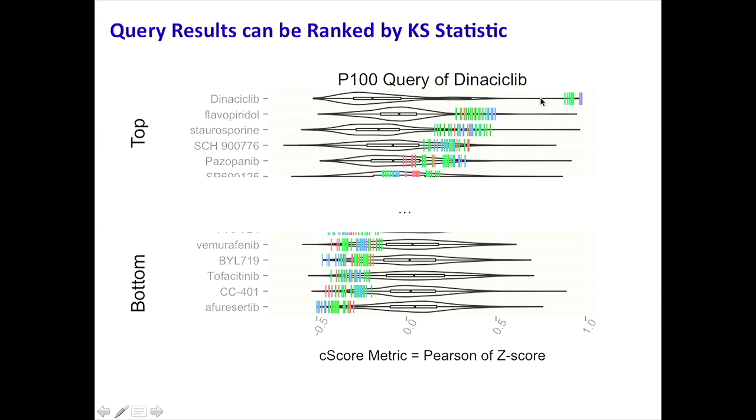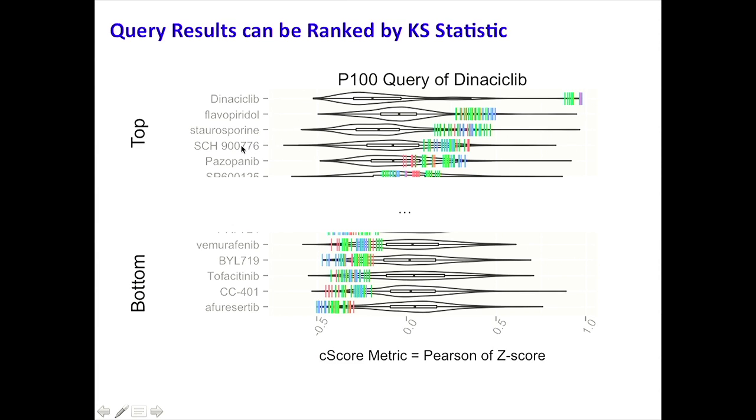And here, if we query dinaciclib, we can see that the top ranked hit is in fact itself. Good replicate recall, sort of good condition for entry. And then the second thing that we see here is flavopiridol, and you may recall that flavopiridol is also a CDK inhibitor, right? So now we're able to find compound class members through this KS query framework. And then we find staurosporine, which is interesting, but as we know, staurosporine does a lot of things.